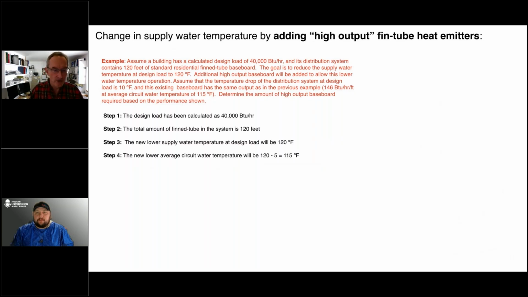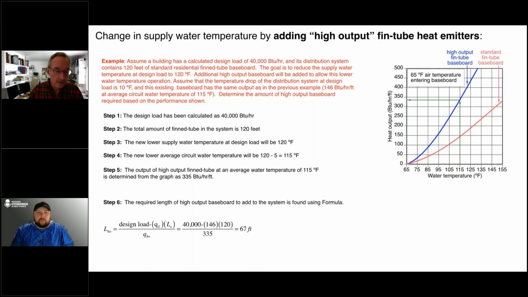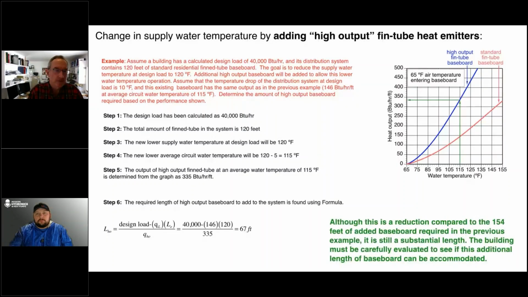So we just plug the numbers into the formula, and as we would expect, it's a shorter length. Instead of 154 feet of baseboard, we're down to 67 feet of baseboard. But I would still tell you, where are you going to put it? It's not that these exercises are without some merit, because there may be situations where you can accommodate this.